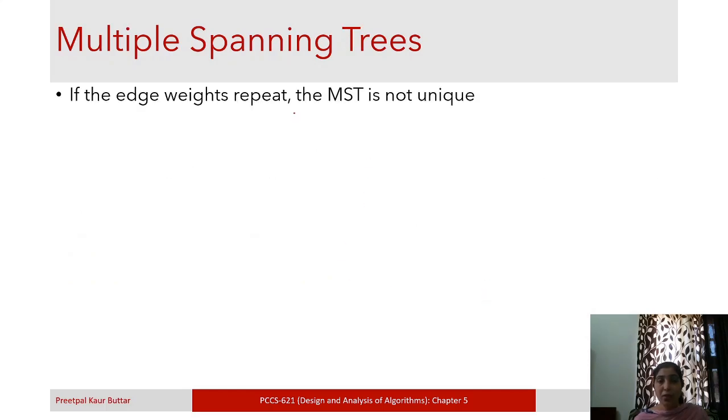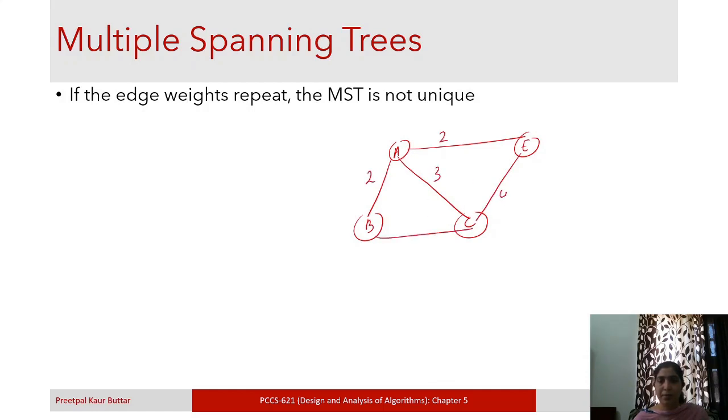Now there is a thing to note here. If the edge weights repeat, for example like this, where the edge weights are repeating, then the minimum spanning tree is not unique.